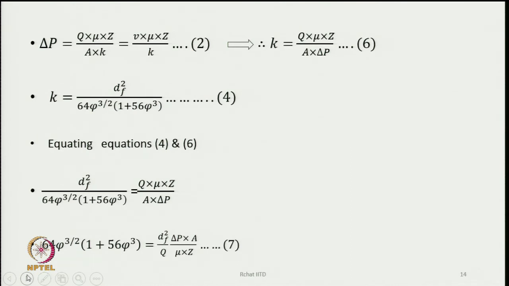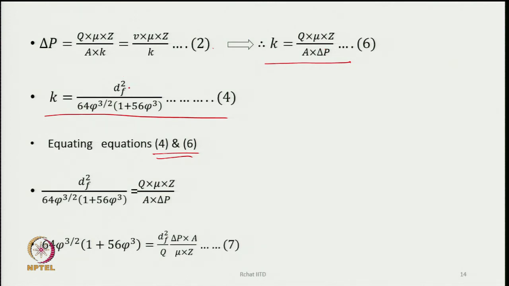Now, we make use of these equations. So, this is one basic equation from where we write the value of k. This is another equation for k, permeability. Now, equating equations 4 and 6, we write that the permeability is equal to this, something which can be measured by doing some experiments.